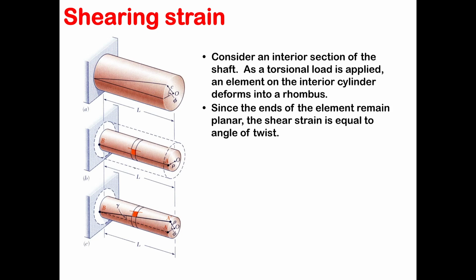Okay, so this is where the planar assumption helps us, right? We can relate the shear strain to the angle of twist, which represents the deformation of the angle, which is going to help us solve the problem we were having with the statically indeterminate beam, right?